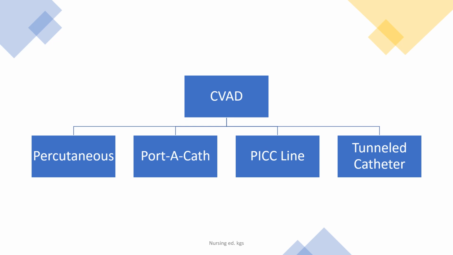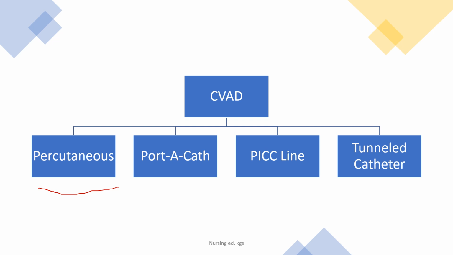There are two CVAD type classifications, short-term CVCs and long-term CVCs. Short-term CVCs are also called percutaneous venous catheters, and long-term central venous catheters are broken down into three different types.